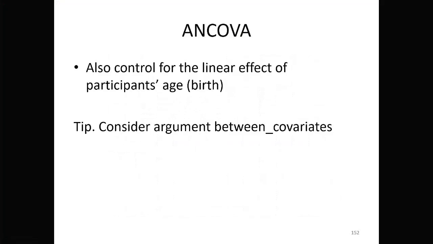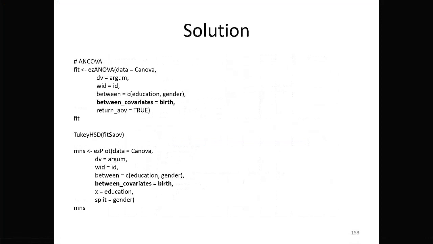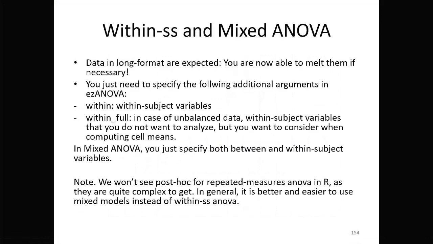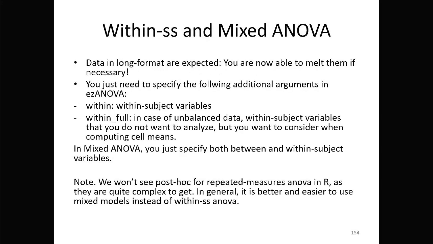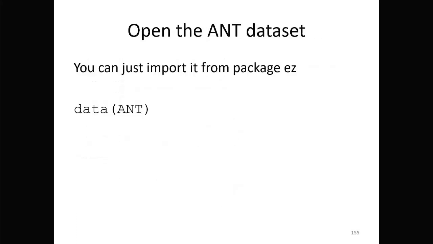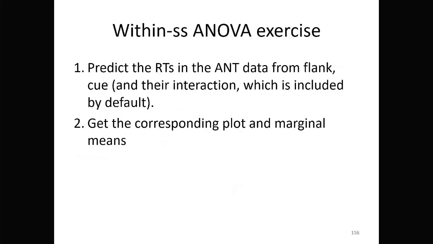So let's, well, ANCOVA, we've seen it. And then what if we want to have within subject a mixed ANOVA? Essentially we just want to specify within subject variable and within full argument. Let's see how long time we have. 15 minutes, that's enough. So let's try, maybe let's do that together.